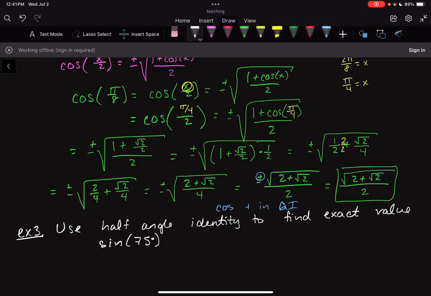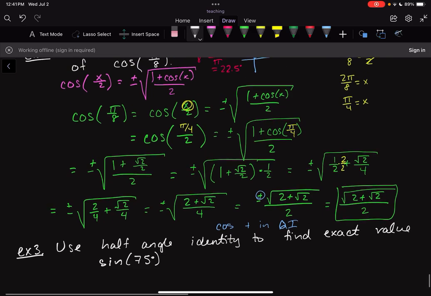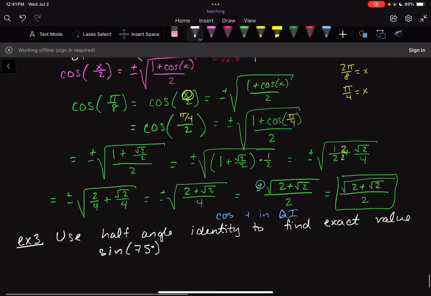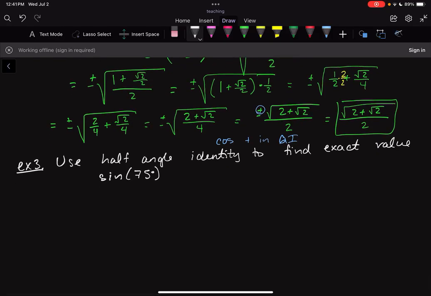I could easily use 30 and 45 for this one. But using the half angle could be helpful sometimes, like for example 2. So it just depends. But let's go ahead and do this one just so we can practice using the identity.